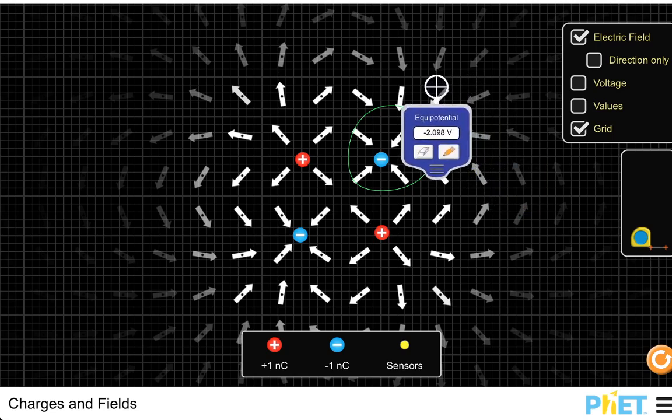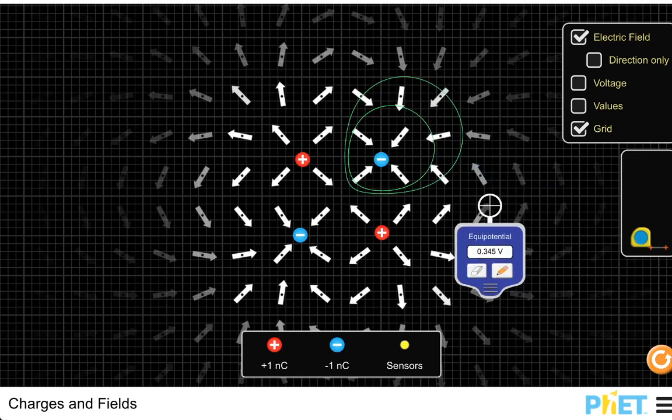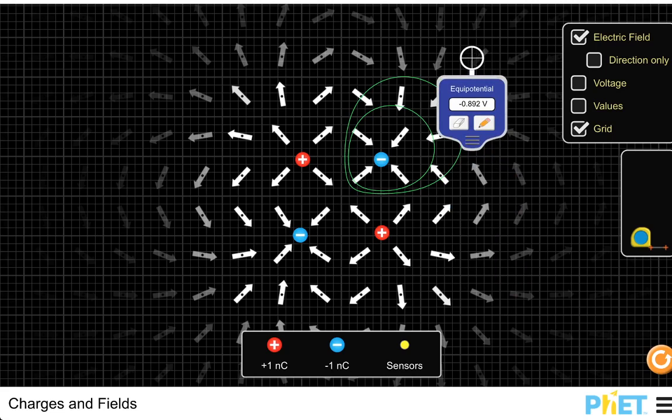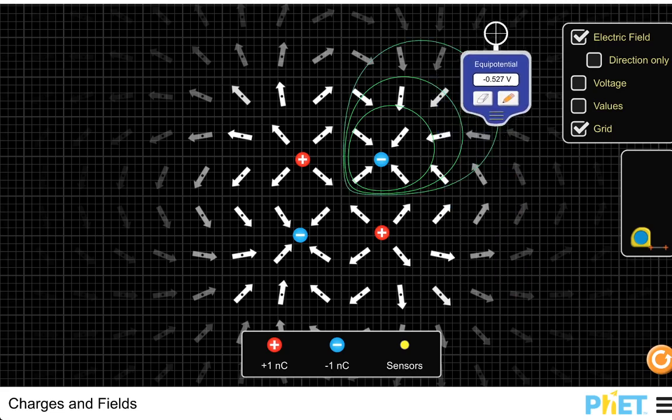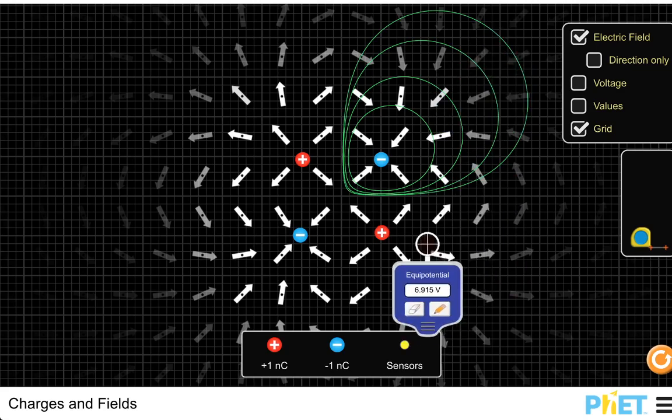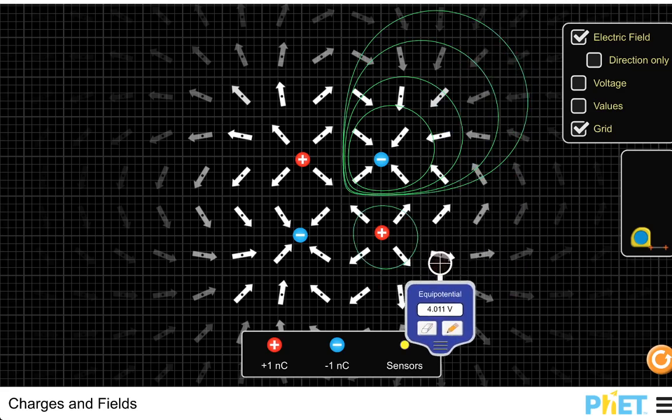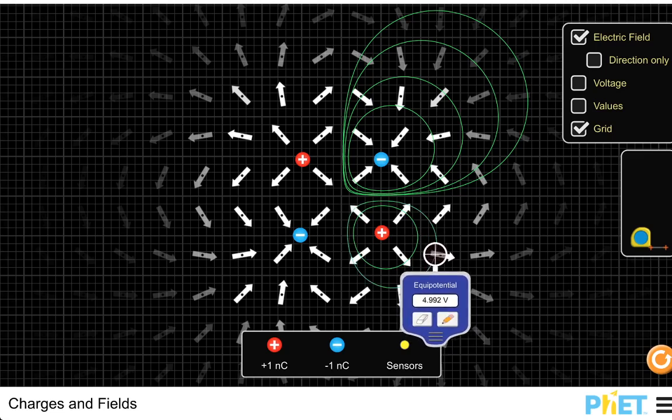Click on the pencil, and I get an equipotential surface corresponding to negative 2 volts, then about negative 1, then negative 0.5. Now let's find one that's about positive 10, and then about positive 5, and then about positive 2.